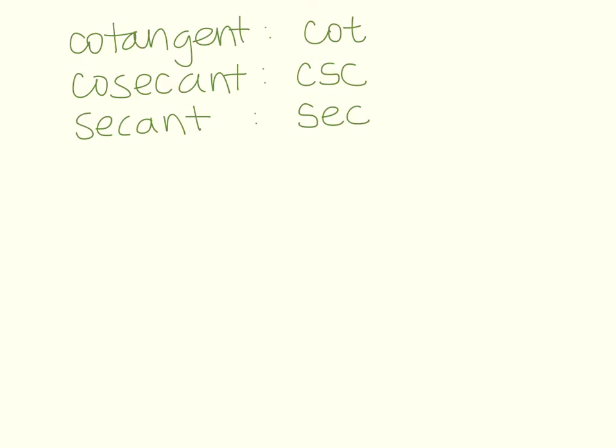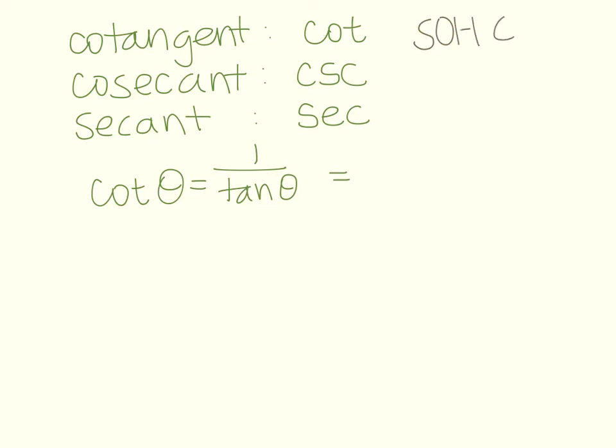Okay, so some important things to keep in mind. When we talk about cotangent of theta, what that really means is 1 over the tangent of theta, which could also be the same thing if we think about SOHCAHTOA, which I can write over here.